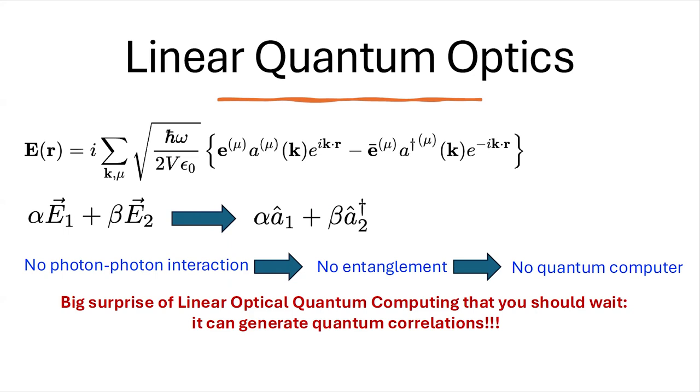So this a and a dagger are creation and annihilation operators of the photons with wave number k and polarization mu. Okay? So mu labels the three different polarizations of the photon, and k is the direction of the photon propagation, and its magnitude is related to the wavelength of the photon.